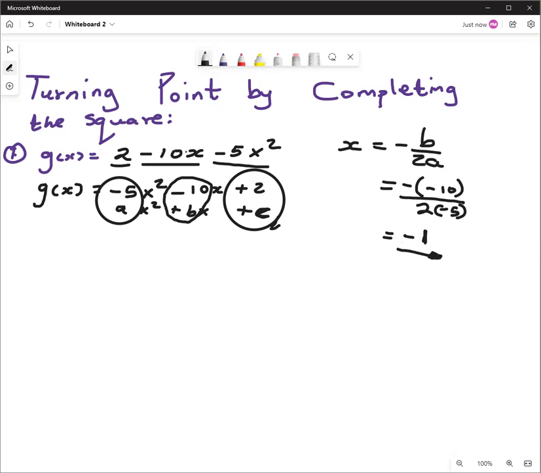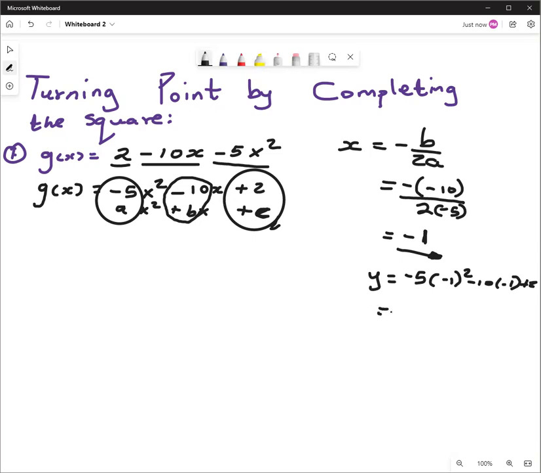So I'm looking at this, which is the x in the turning point. Now, let's do this. I'm going to substitute it there and there to see what y will be. So y will be, let's use this one, minus 5 times negative 1 squared, minus 10 times negative 1, and then plus 2. I just substituted negative 1 here and there.